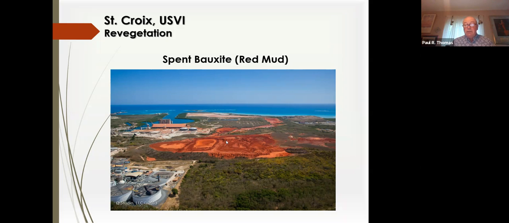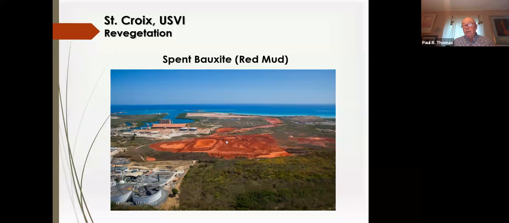They would essentially extract the aluminum, and the result of that process was a liquid alumina that was then loaded back onto tankers and shipped back to the continental US for aluminum production. All of the waste material, the spent bauxite, the red mud, was left on the island. The site that you see there in the foreground was about 100 feet thick. It had been there for going on 50 years.